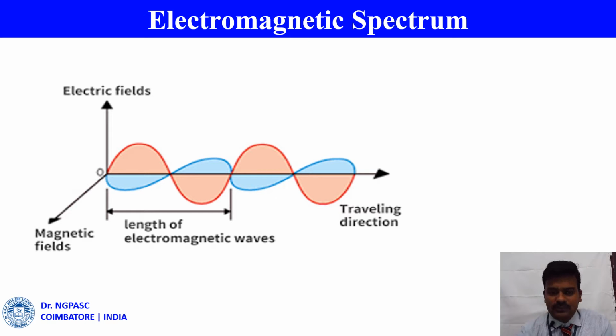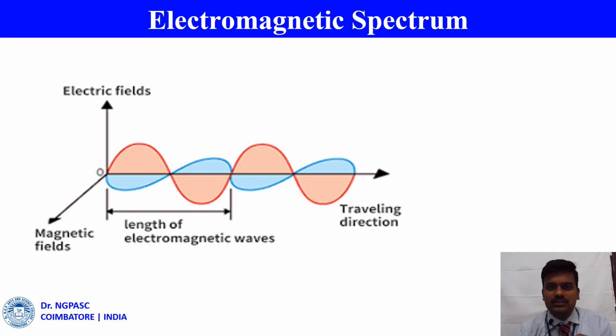So how do the energy and properties differ when the wavelength is shorter, and when the wavelength is longer?